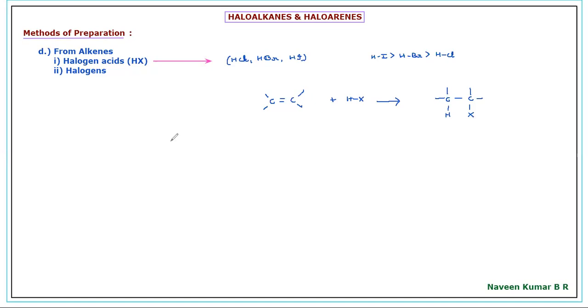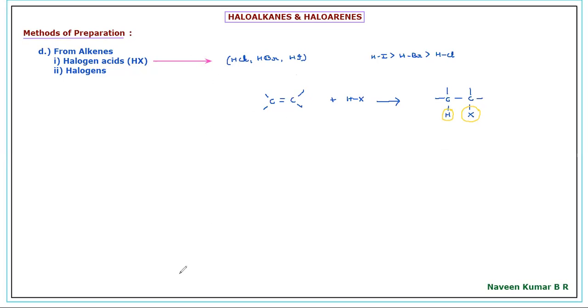Now if you observe here, halogen is added to one of the carbons and hydrogen is added to the other double bonded carbon. Hence, in the process of addition, the pi bond is cleaved to give the respective alkyl halide as the product.